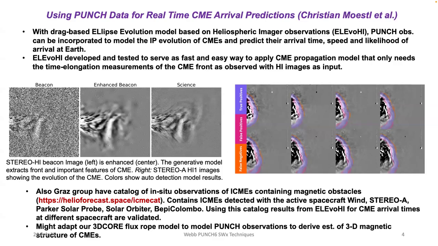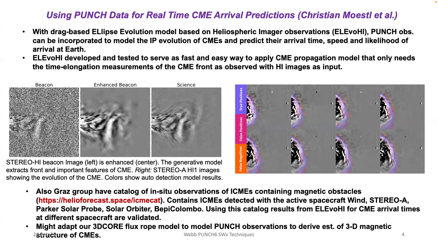The PUNCH observations can be incorporated easily into their model to look at the interplanetary evolution of CMEs to predict their arrival time, speed, and likelihood of arrival at Earth. The model was developed and tested to serve as a fast and easy way to apply CME propagation models that only needs the time elongation measurements to the front as observed in HI images. And of course, PUNCH is very relevant to this.